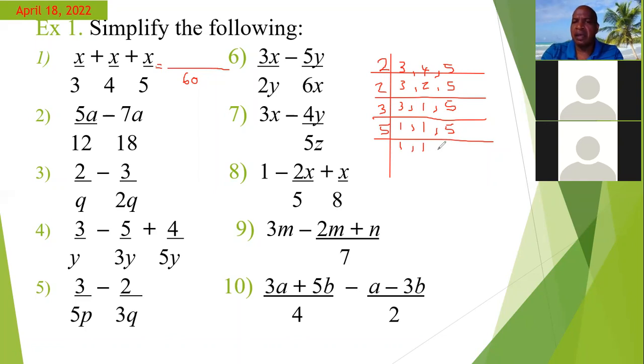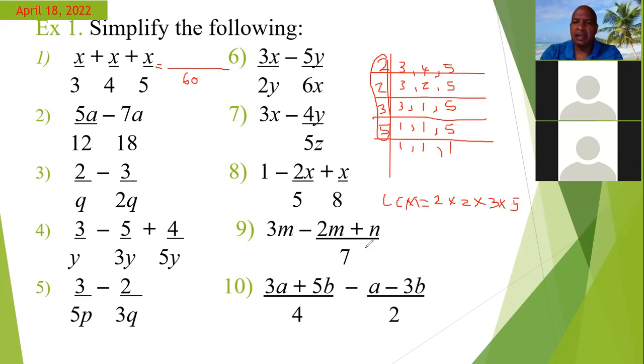then we stop there. And then now to get our LCM, all the numbers in the left column, we multiply those together to give you your LCM. So your LCM would be equal to 2 times 2 times 3 times 5.